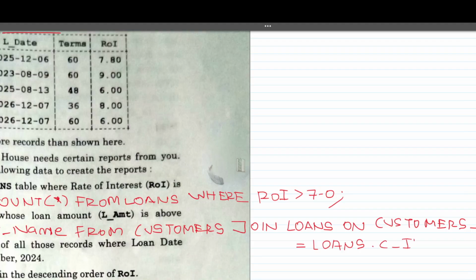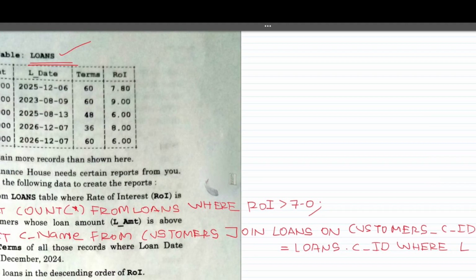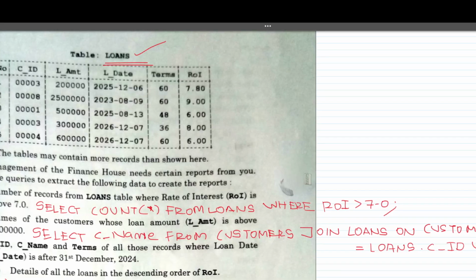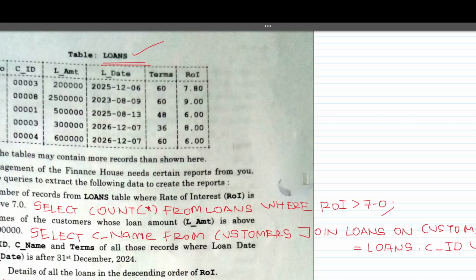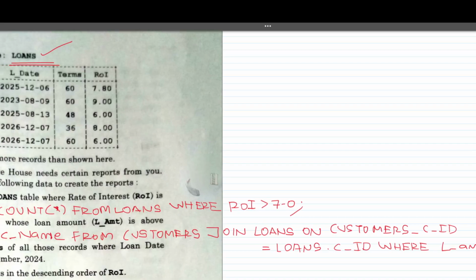This is the address, but where you are doing any change in one table depending upon the other, we have learned this, that there are two tables, there should be the join command that needs to be used, where LMT greater than how much, 1 2 3 4 5 and 6 semicolon.